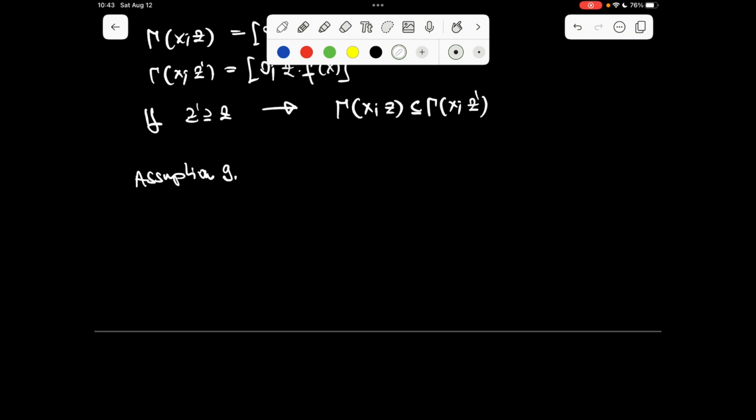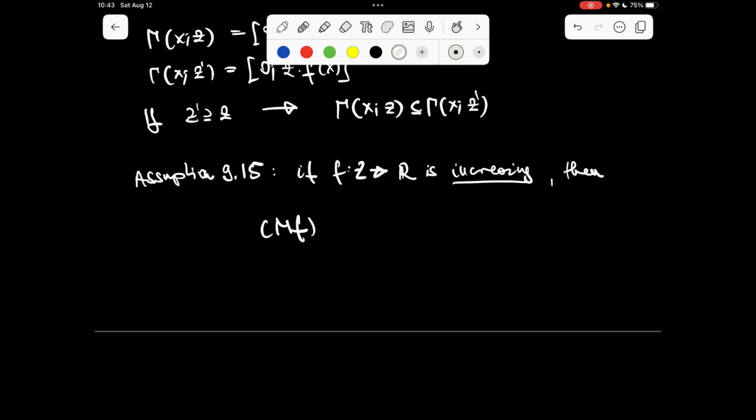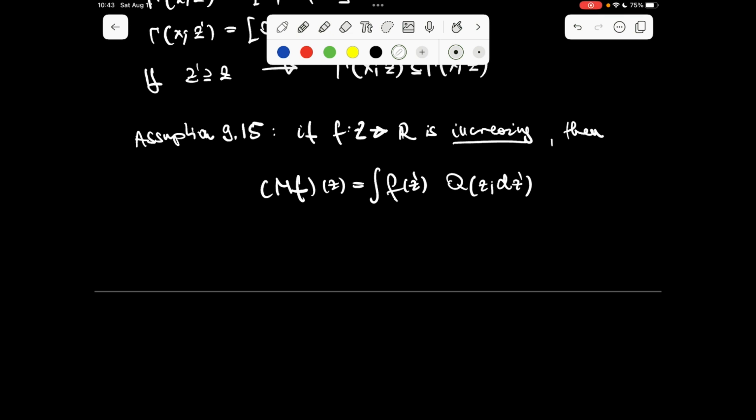And assumption 9.15, transition function Q is supposed to be monotone, which means if we have a function f which is increasing, then the expected value of this function calculated with an integral with respect to the transition function must also be increasing.